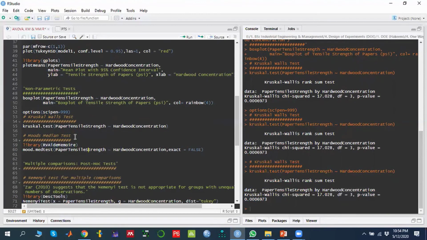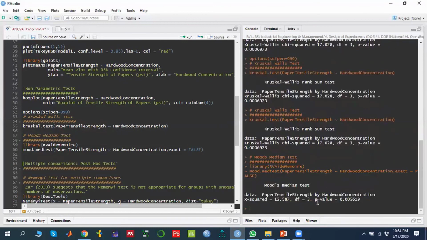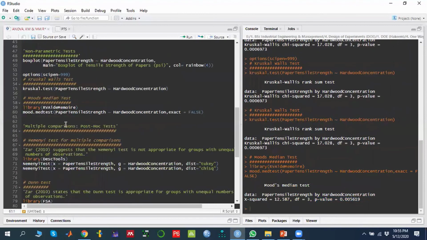If you want to apply Mood's median test, then you need a package. The command would be mood.median.test. I have already installed it, so I'm just running this command, and we are getting the same kind of results. This one is new, we didn't discuss it through Minitab.